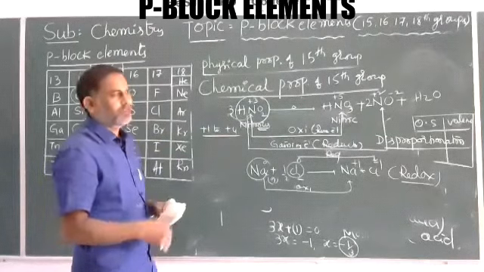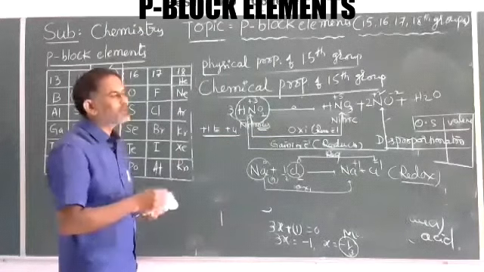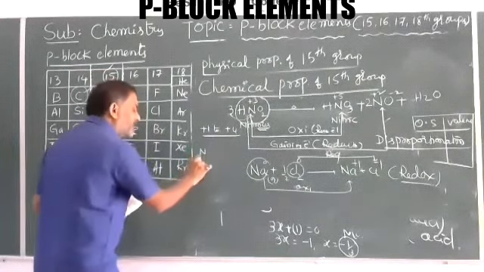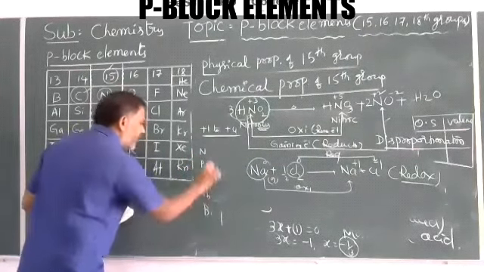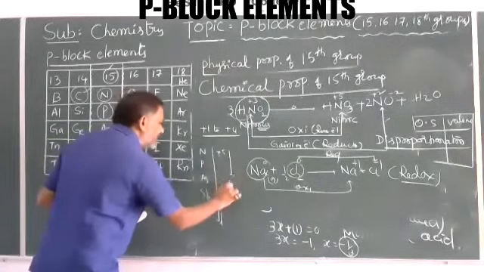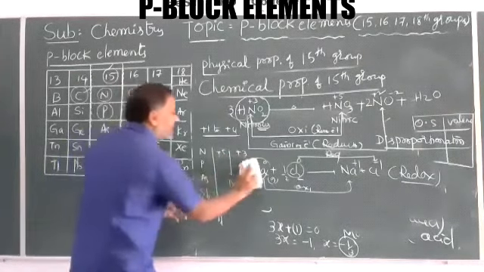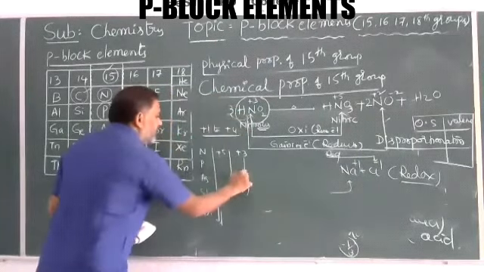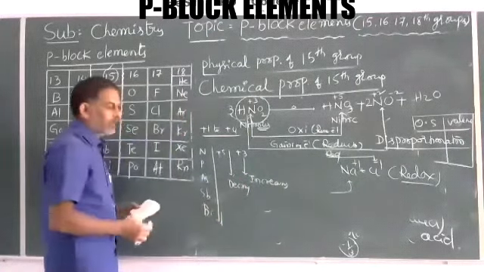Then the remaining elements, phosphorus, arsenic, antimony and bismuth, also show variable oxidation states. From nitrogen to phosphorus, phosphorus to arsenic, arsenic to antimony and bismuth, the plus 5 oxidation state decreases, and the plus 3 oxidation state formation increases.